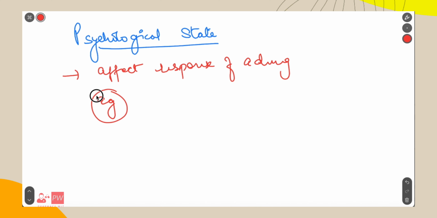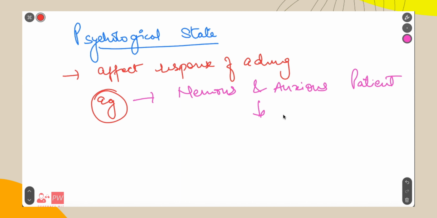For example, nervous and anxious patients require more general anesthetics.